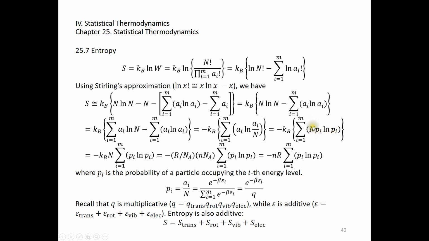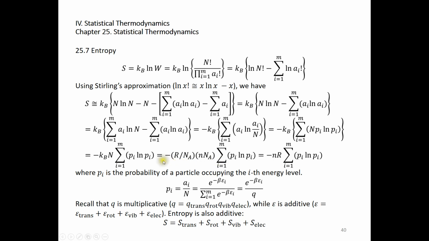I can take this uppercase n out of the sum because this n does not depend on i. Now we have this equation, and we can combine this n and k_B because k_B is the gas constant divided by the Avogadro constant, and the number of particles is the number of moles times the Avogadro constant.